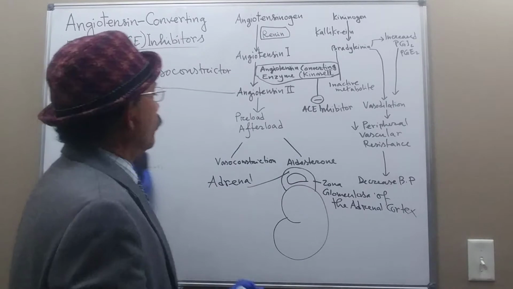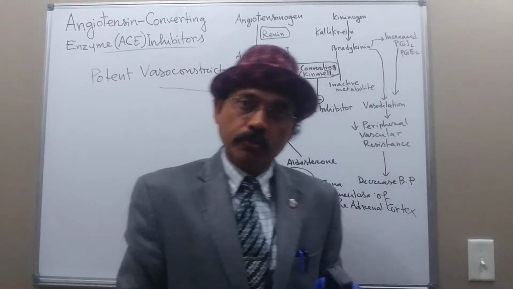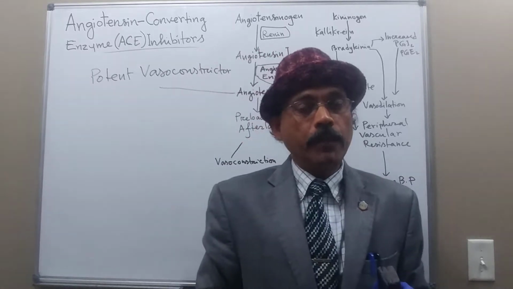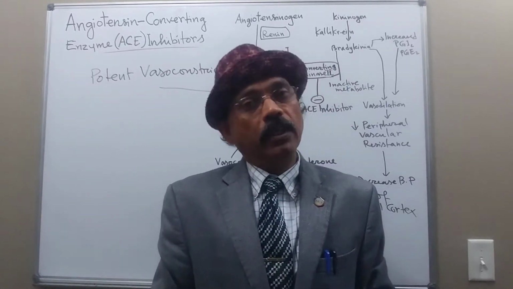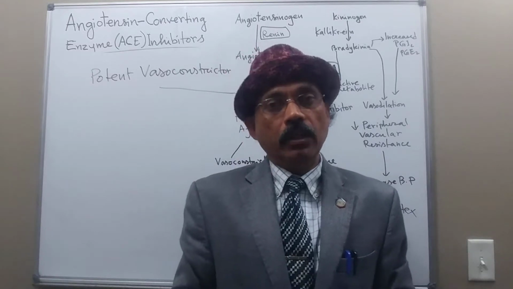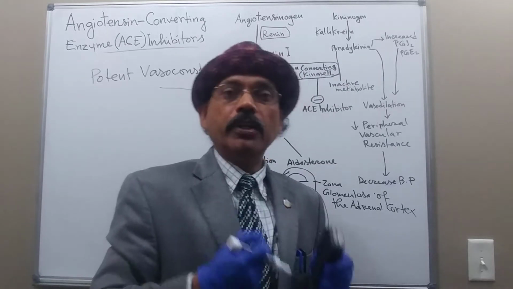Okay, so what is the function of aldosterone? Aldosterone keeps the sodium in our body, and it releases the potassium along with the urine. So it maintains the fluid in our body.